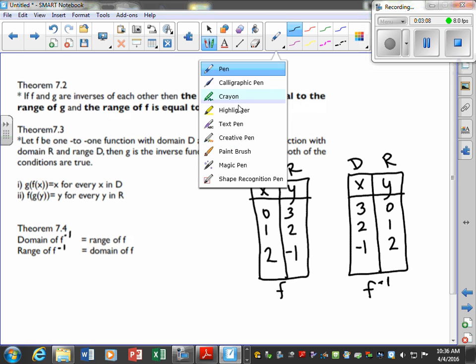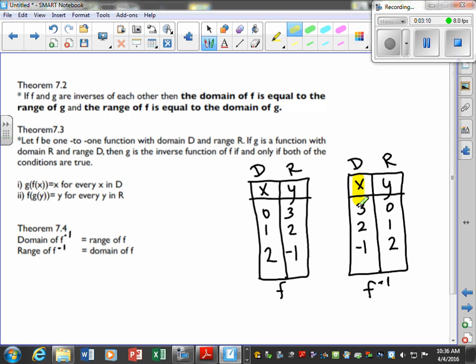Let me highlight that. So the domain of f inverse is equal to the range of f. Okay, that's this first portion. And then if I change colors, the range of f inverse is equal to the domain of f. So that's an easy visual for that, very basic.